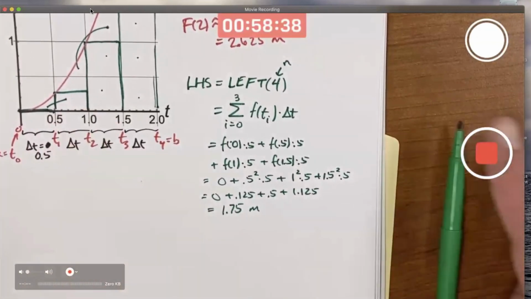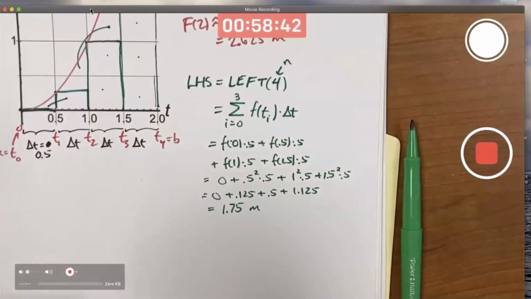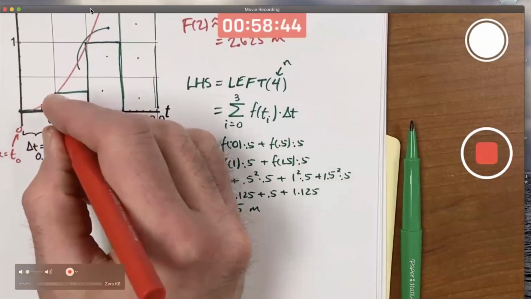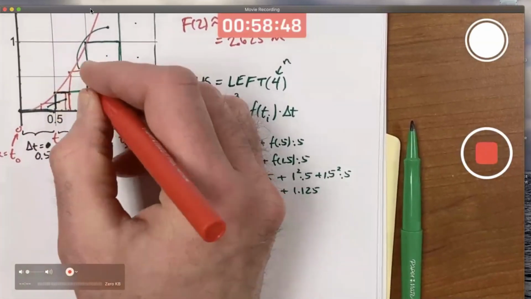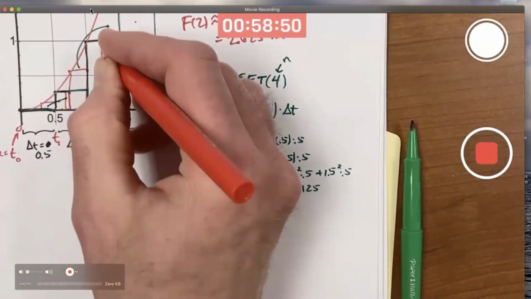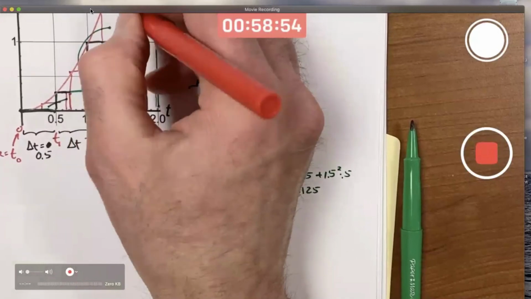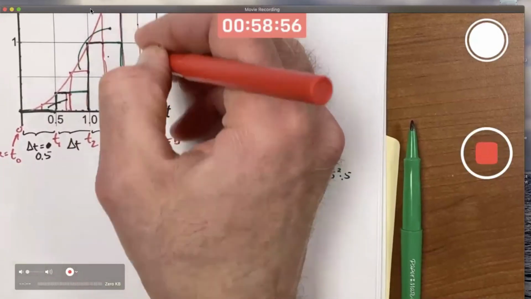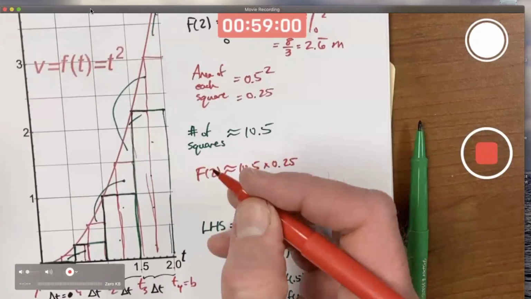If we use more rectangles, like if I doubled n to 8, I'd get rectangles like this. And they would better approximate the area under the curve. I wouldn't be missing so much area.